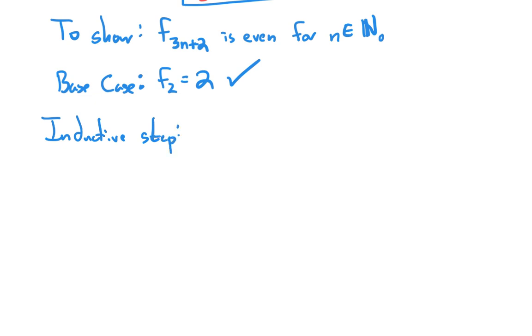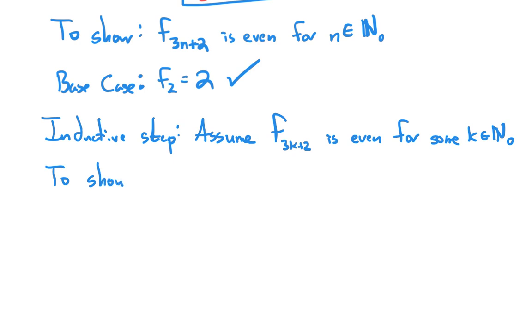We're going to assume that F of 3k plus 2 is even for some natural number k with 0. And we want to show that F of 3(k plus 1) plus 2, which is the same thing as F of 3k plus 5, is even. So that's our goal there.